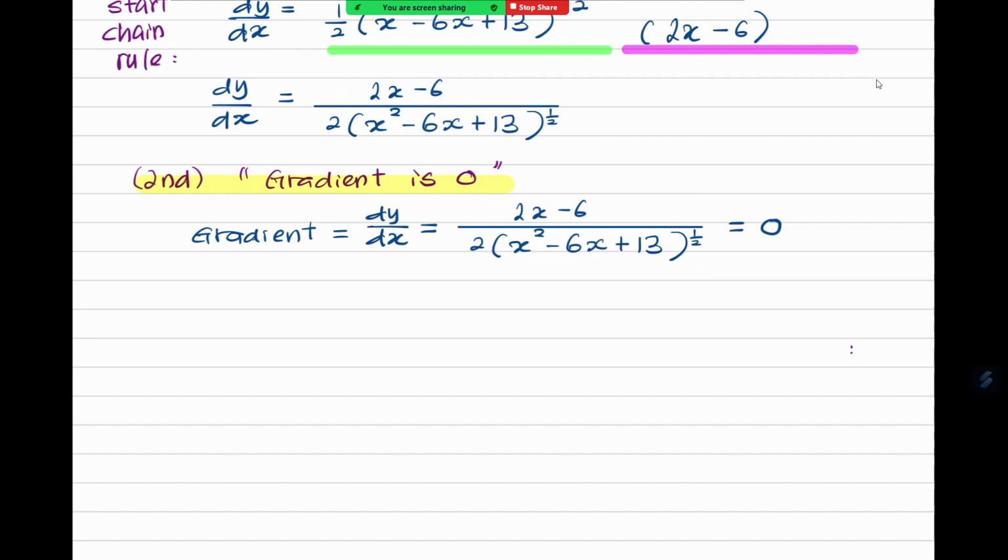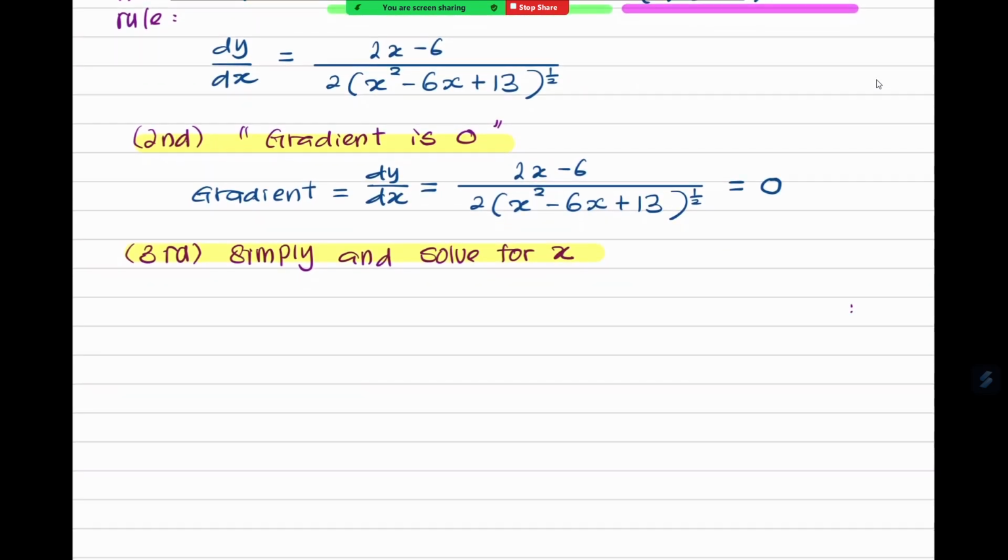Now, what you need to do is simply find. So third, move on to simplify and solve for x. Now let's color that up for you. So how do we do this?